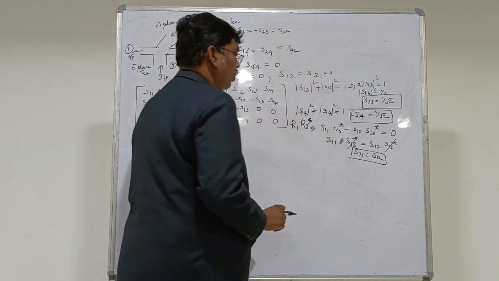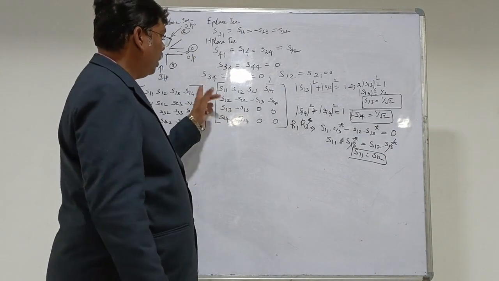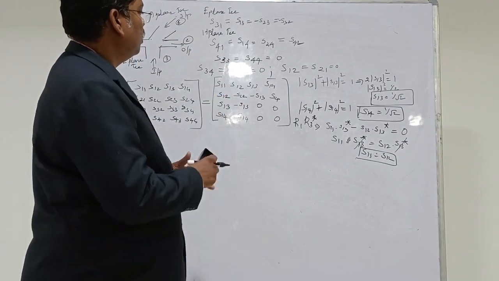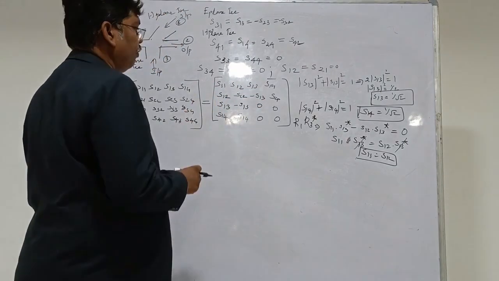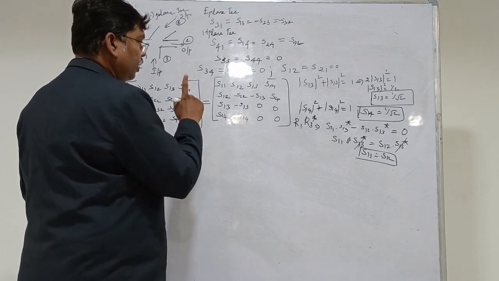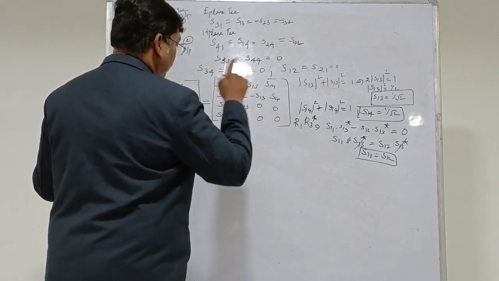Hereafter you can replace S11 as S12 or S12 as S11. So I know the values of S13 and S14, and I can find the values of S11 and S12 from equation 1 using row 1.